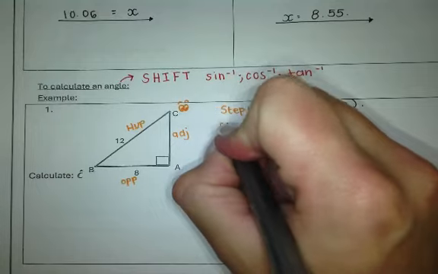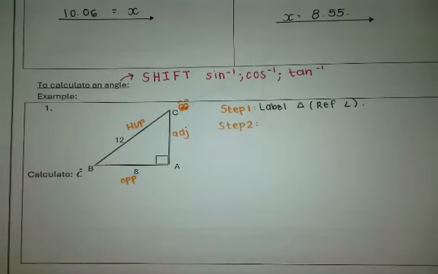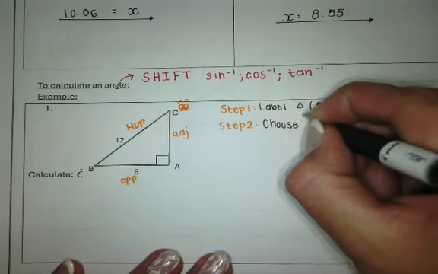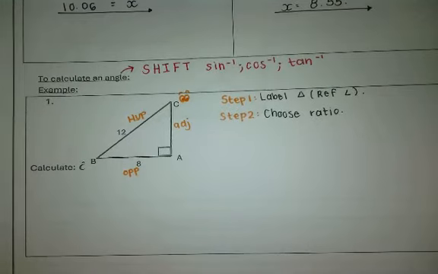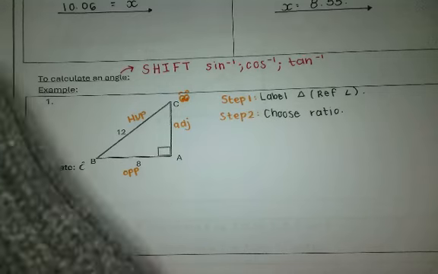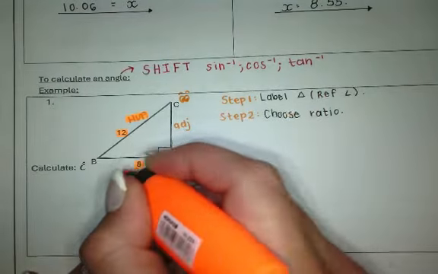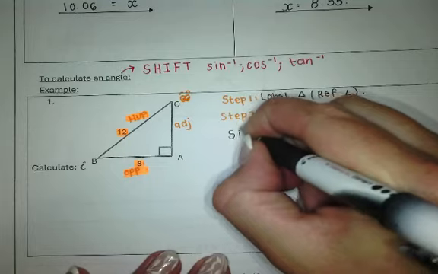Our second step, again, choose your ratio. Now again, over here, what has relevance? The hypotenuse and the opposite. So we're going to make sure we choose a ratio that has that.